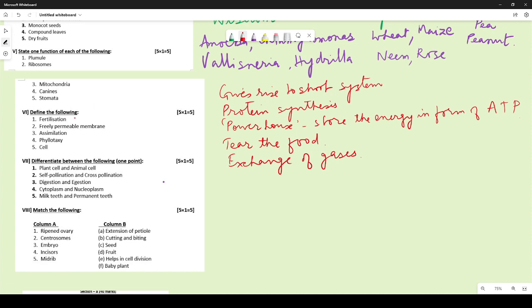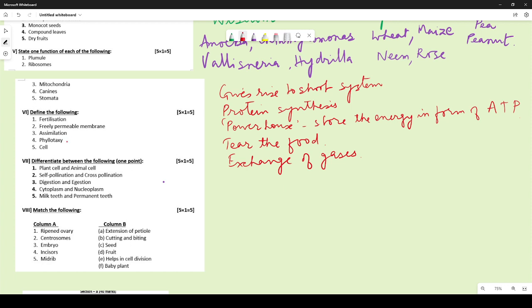Now we come to define the following. So fertilization, you know that it is the fusion of the male and the female gamete. Freely permeable membrane: a membrane that allows everything to pass through it. Assimilation: when the digested food is absorbed and used by the body to obtain energy from it, then it is called assimilation.